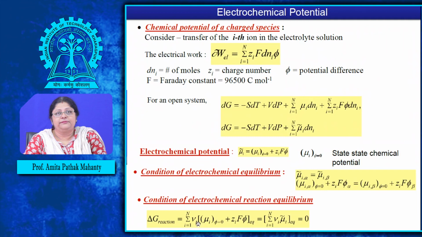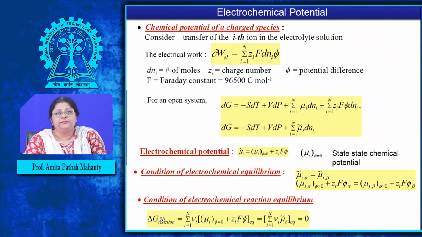If I have to find out a delta G reaction for an electrochemical potential, then the delta G reaction for a chemical potential was this summed over, becoming equal to 0. Mu i summed over i species becomes equal to 0.